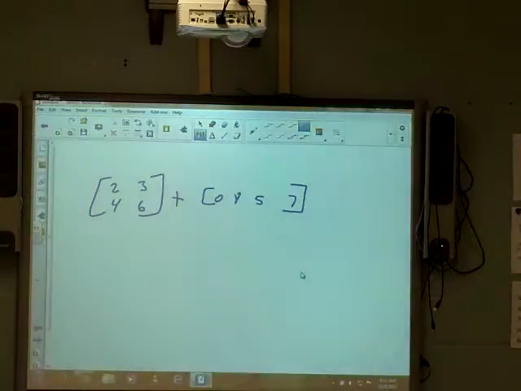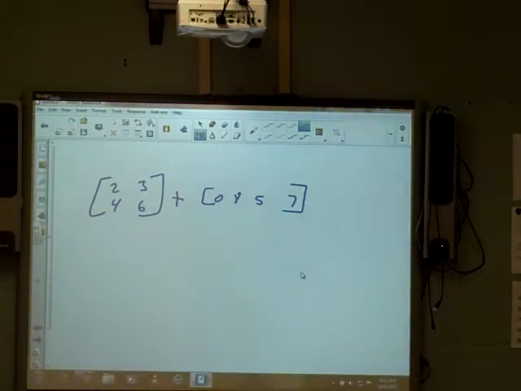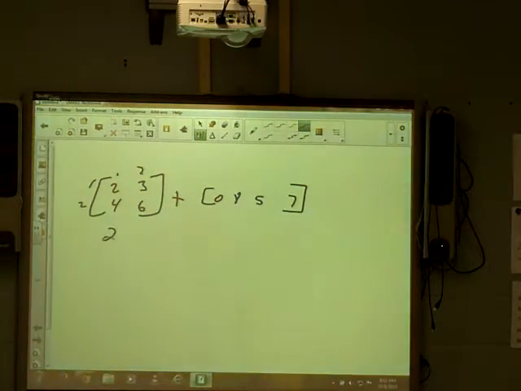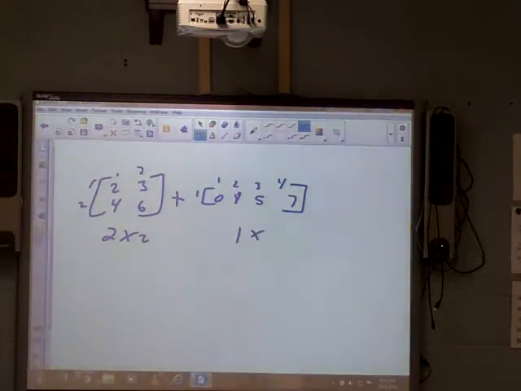What I need to know when I add and subtract is that I can only add and subtract matrices if the matrices are the same size, because you can't match up corresponding spots if they don't have corresponding spots. Right? So right now I've got 2 rows by 2 columns. Here I've got 1 row by 4 columns.